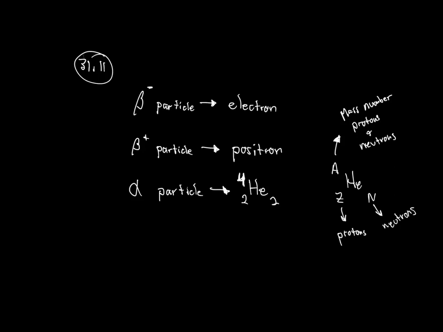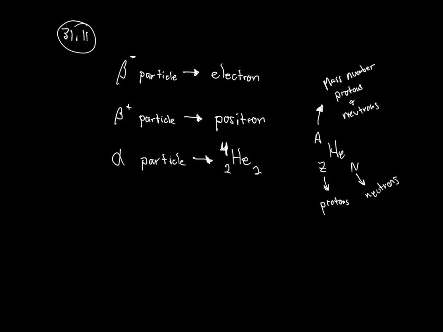So what we have to do is find the ratio of the velocity of a beta particle to that of an alpha particle if they have the same energy. We have an equation for the energy of things that are moving. It's called kinetic energy. And what's the equation for that? 1/2 mass times velocity squared.